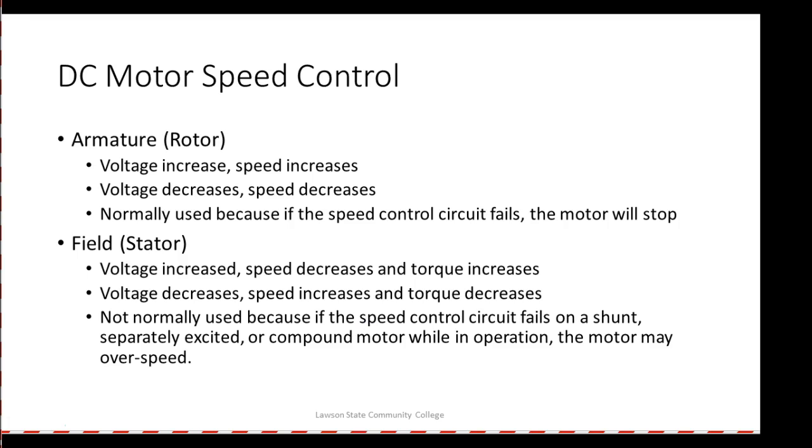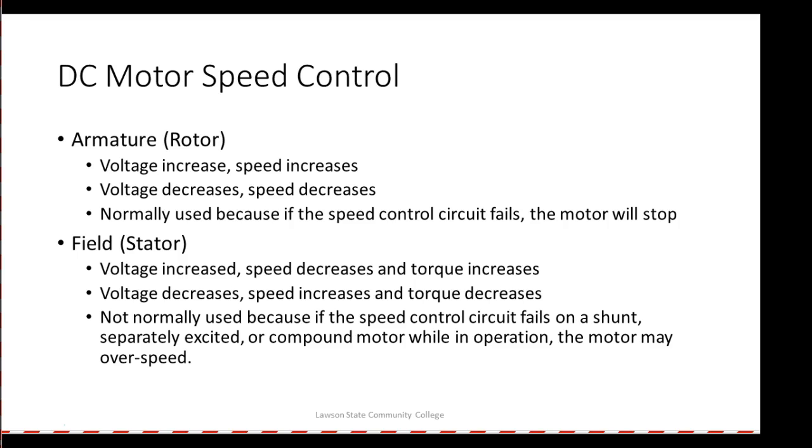So speed control, armature. Voltage increases, speed increases; voltage decreases, speed decreases. It's normally used because if the speed control circuit fails, the motor will stop. Some of our DC motors, if you lose the field while it's running, the motor will run away.